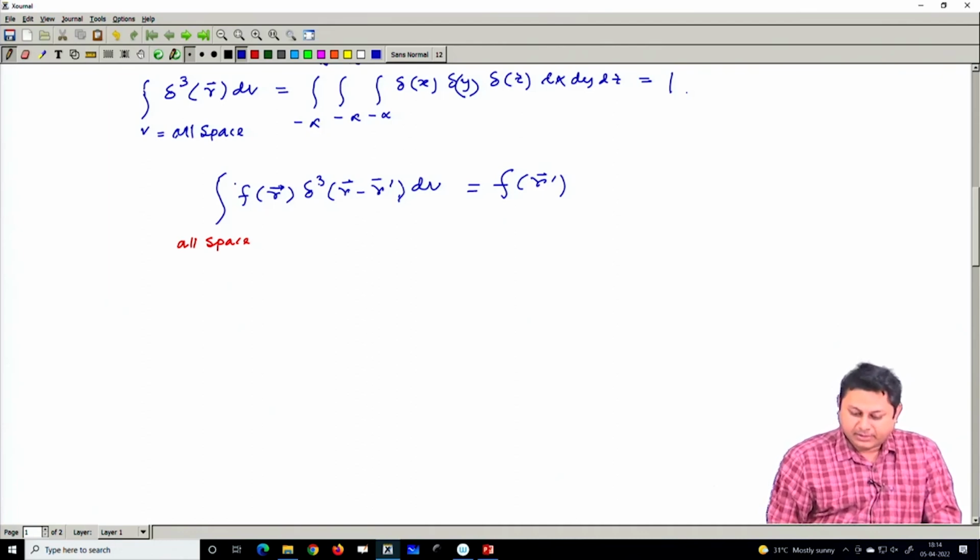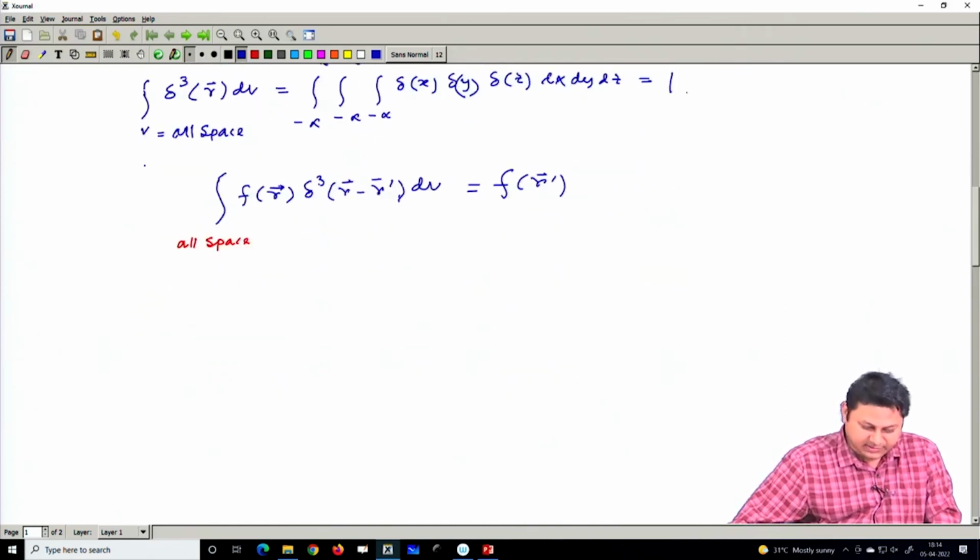So this is the 3-dimensional way to represent the delta function in the Cartesian coordinate system.